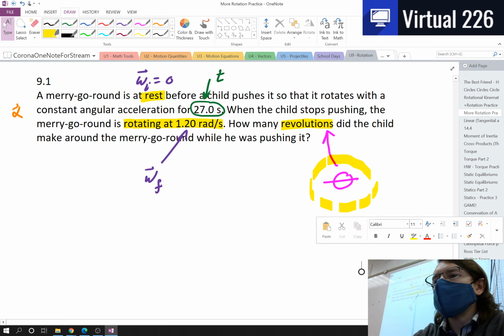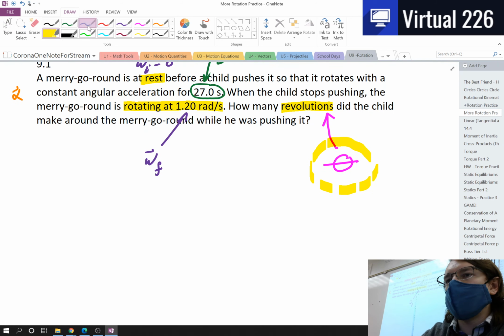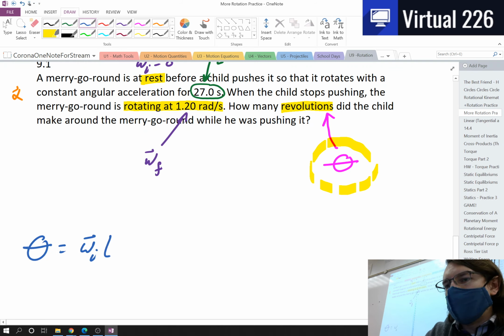Now, on our new best friend, with all the equations that we have, the only equations that have theta in them are theta equals omega i t plus 1/2 alpha t squared. If we wanted to find theta, we could say theta equals omega i times t plus 1/2 alpha t squared.